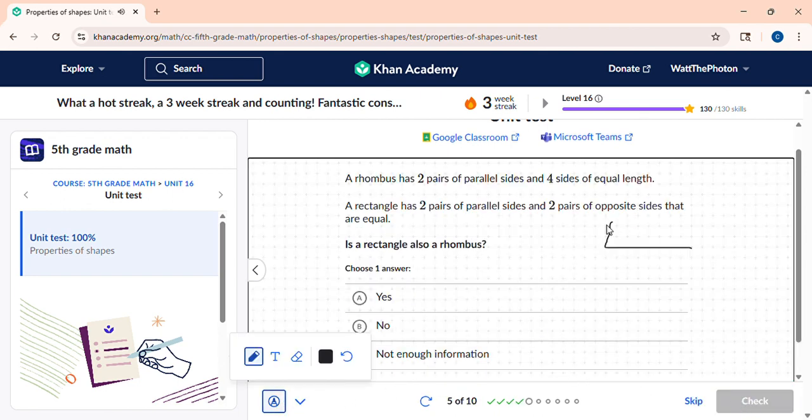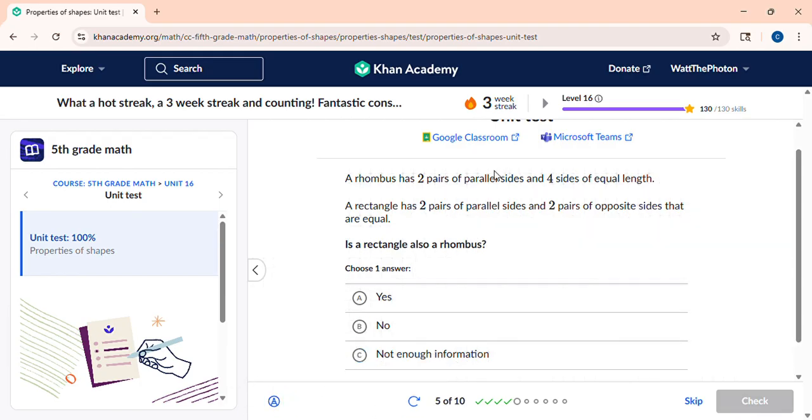Rhombuses are like this. There's this angle, and so you're always going to have a squared plus b squared. A rhombus has 2 pairs of parallel sides and 4 equal sides. Is a rectangle also a rhombus?